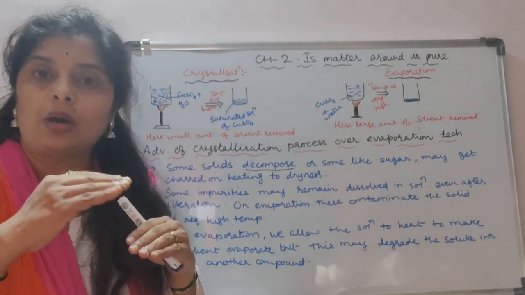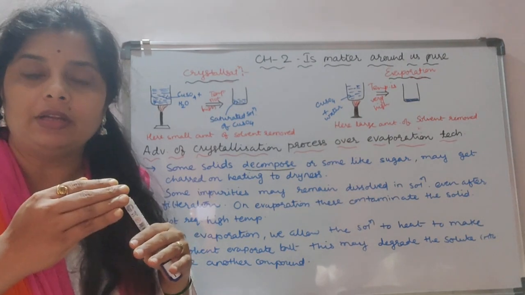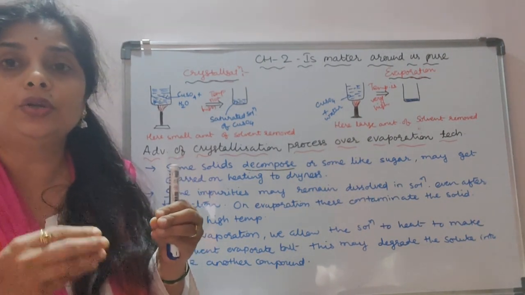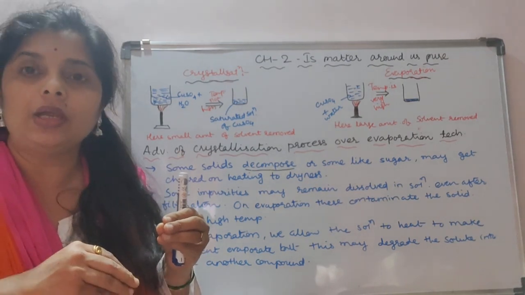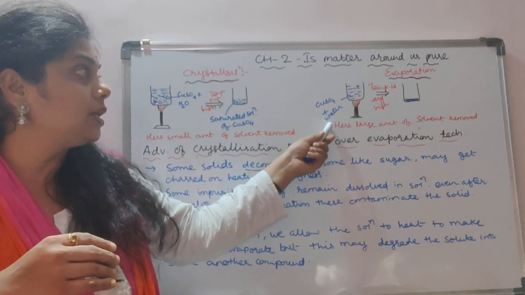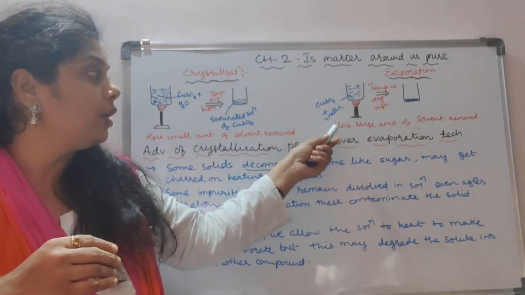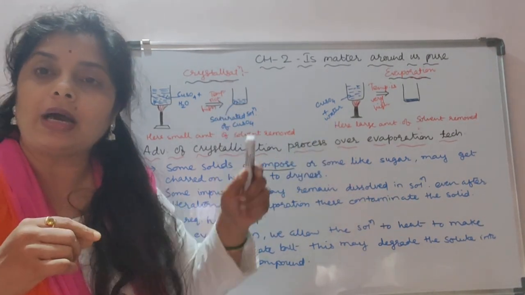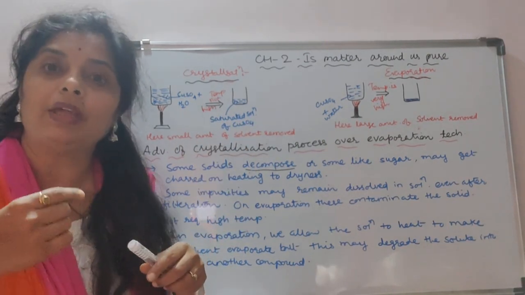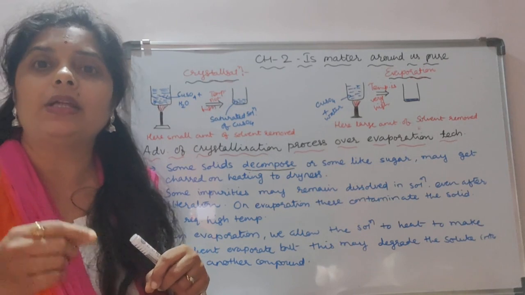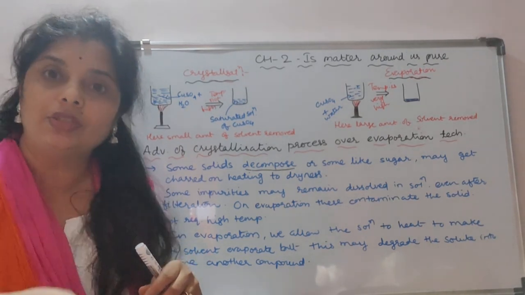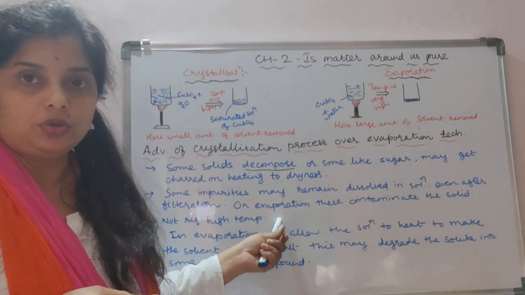If we give the temperature only up to one level, it may happen that impurities do not dissolve in that solution and get removed. But in evaporation, if we give a very high temperature, it is possible that the impurities also dissolve in the solution.